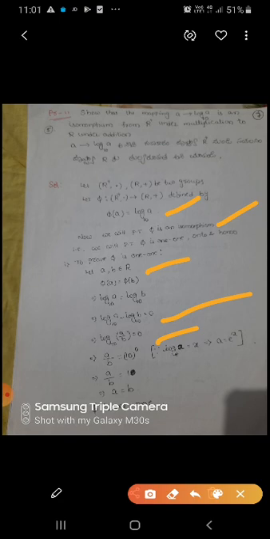That implies A by B equals 10 power 0, since log A base e equals x implies A equals e power x. So A by B equals 1, that implies A equals B. Therefore phi of A equals phi of B implies A equals B, so phi is 1-1.